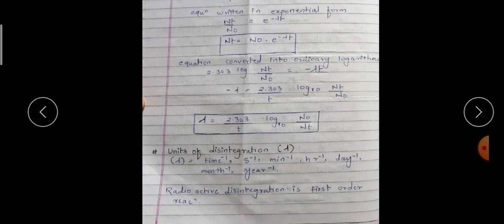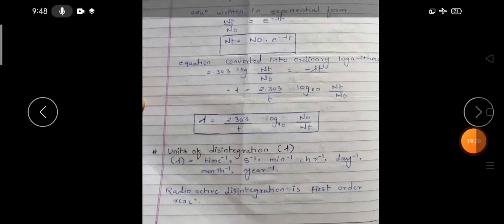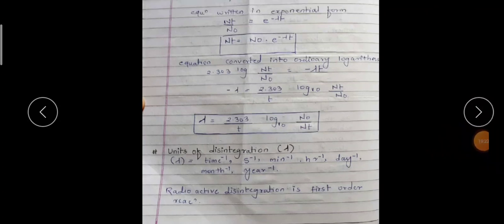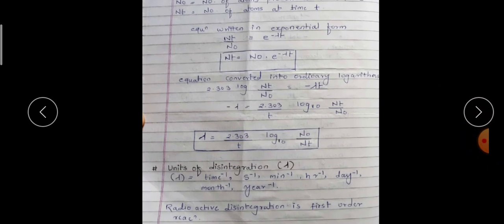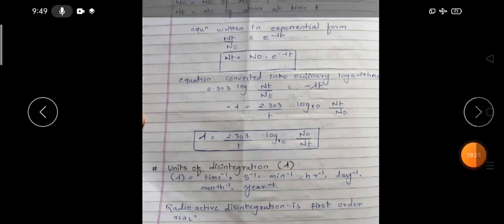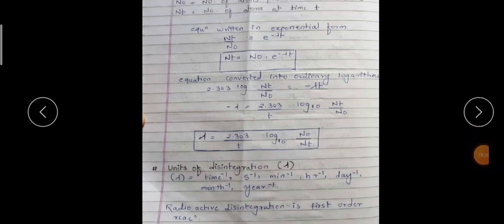Then the unit of the disintegration constant, that is the decay constant, will be per time: per second, per minute, per hour, per day, per month, per year. And radioactive disintegration is a first order reaction. This is very much important. The units of the disintegration constant or the decay constant are always per time, expressed in the form of time.